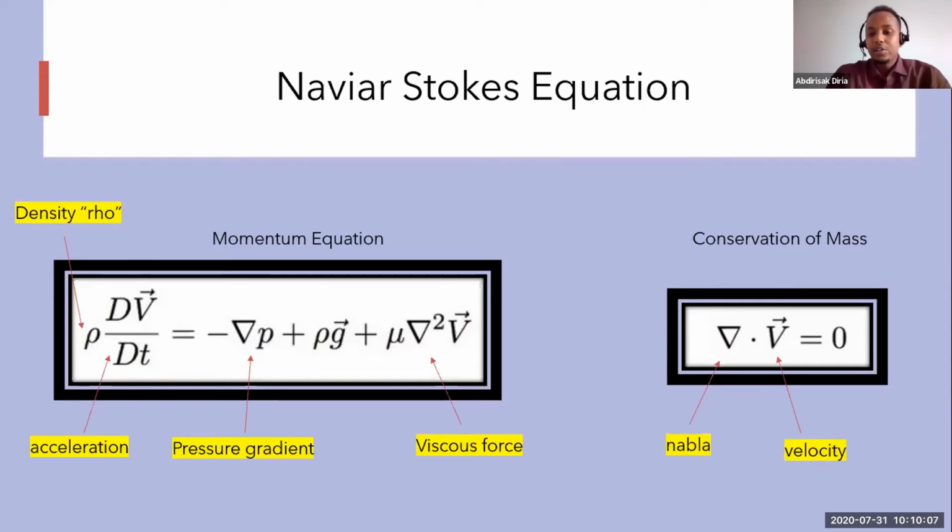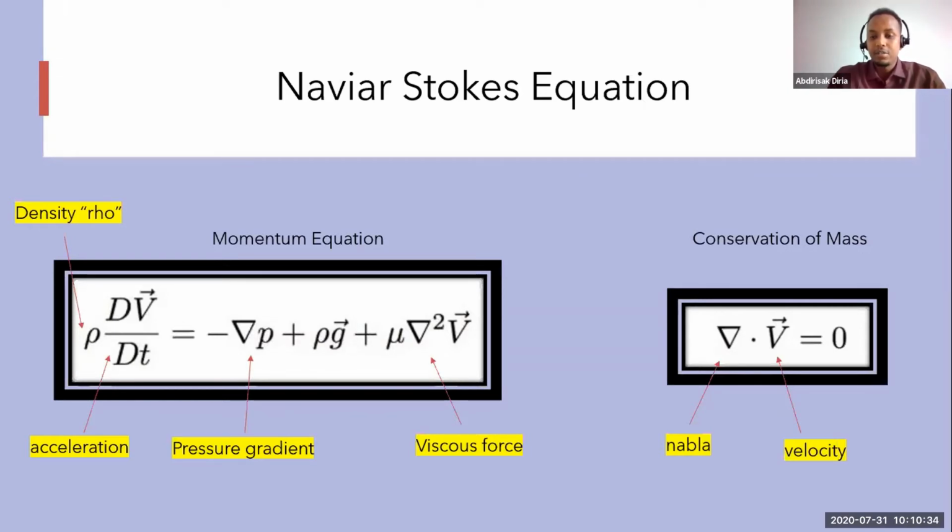Let me start with the smaller equation on the right hand side. That equation is the conservation of mass, and the velocity is a vector quantity which has components in the x, y, and z directions, and it tells any movement of the fluid.